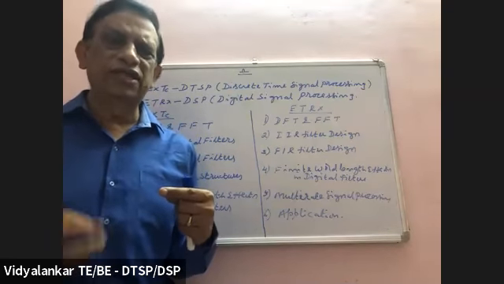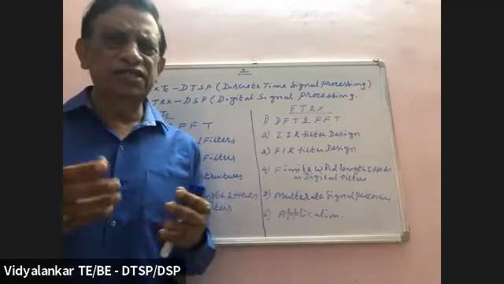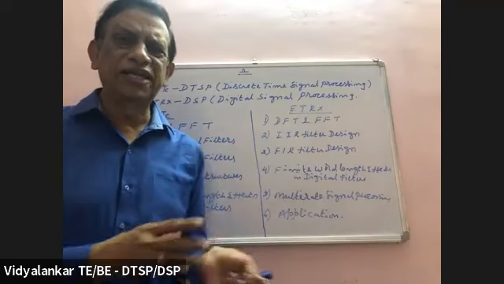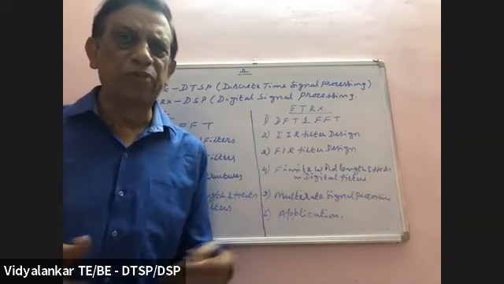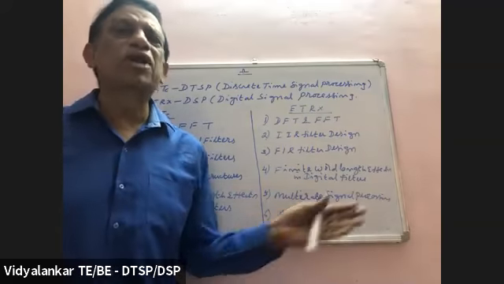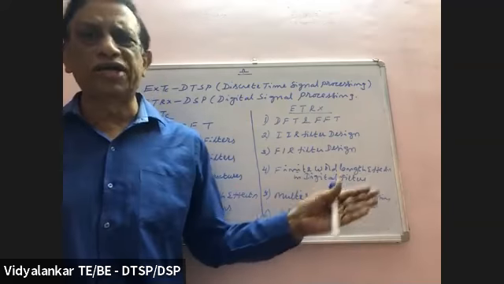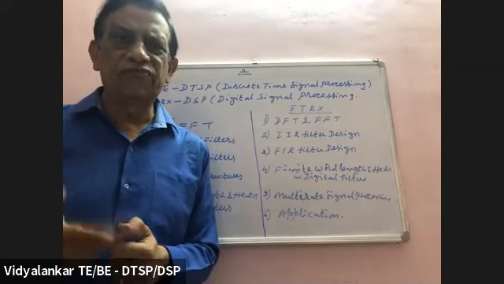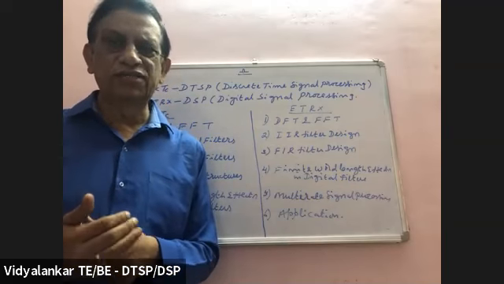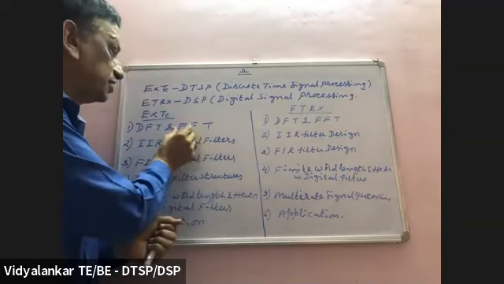Because it involves multiplications and additions, which take some time in a computer, if the number of points is more, it will take a very long time to process a discrete time signal into a spectrum. So what is the alternative? The alternative is this FFT.